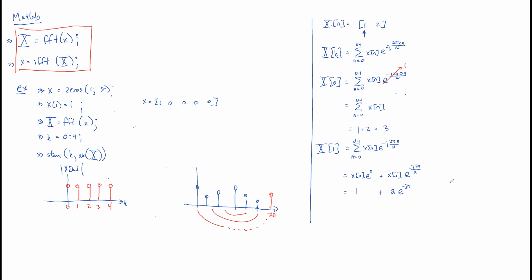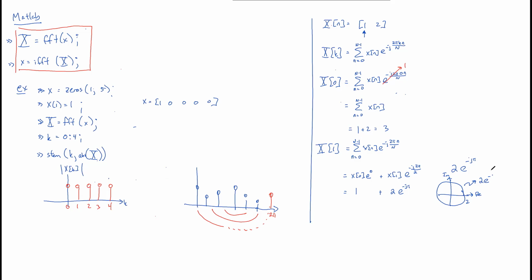And what does e to the minus j pi look like? Well, let's look at the whole thing. What is 2 e to the minus j pi like? That looks like a circle, on a circle of radius 2. Here's the real part, here's the imaginary part.